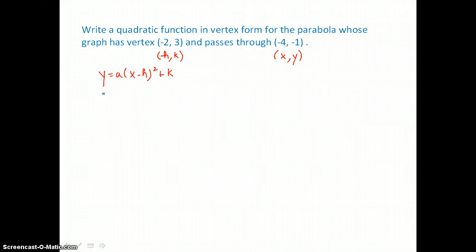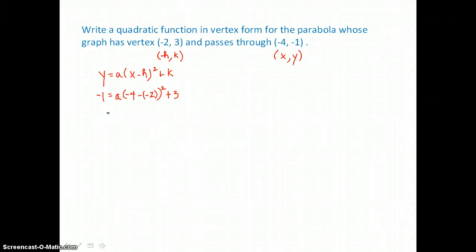So in for y we should put -1. We'll solve for a. In for x we should put -4. In for h, -2, so that's minus a -2, the quantity squared plus k, and our k value is 3.